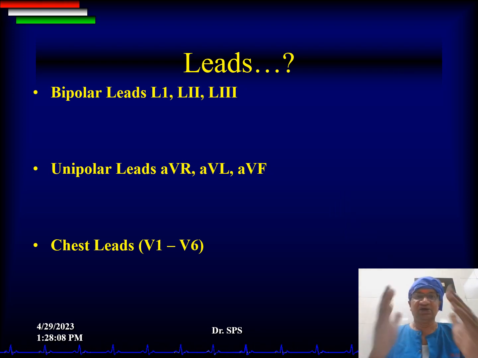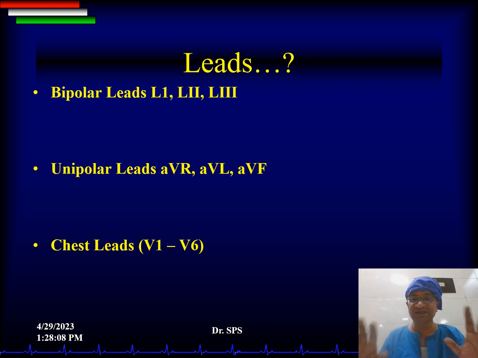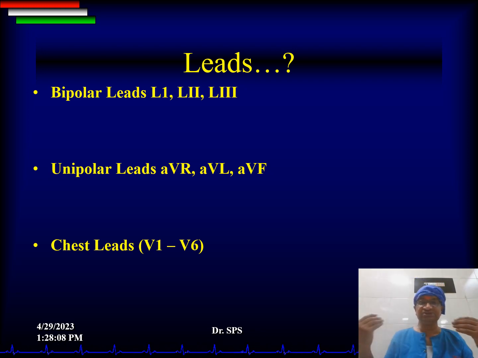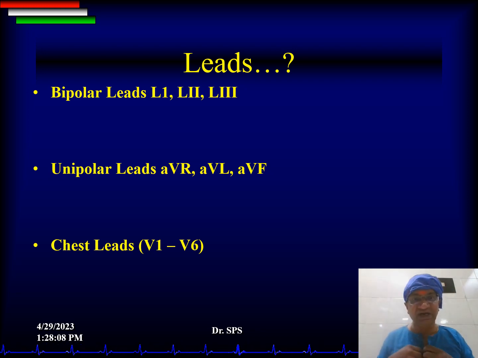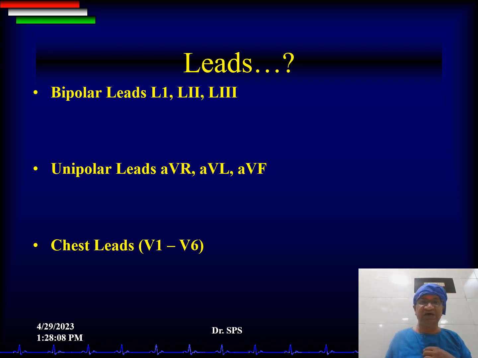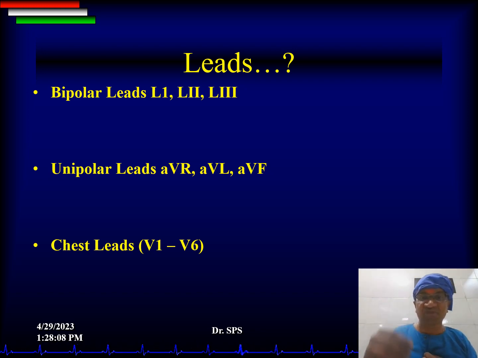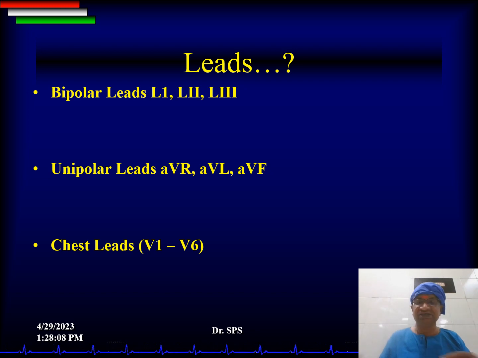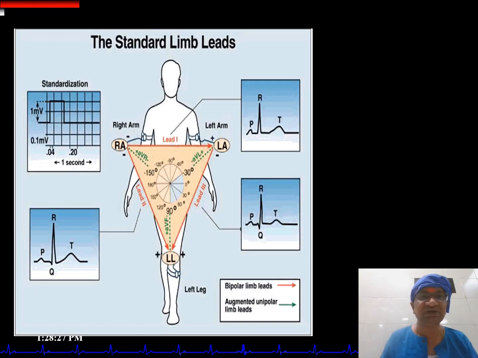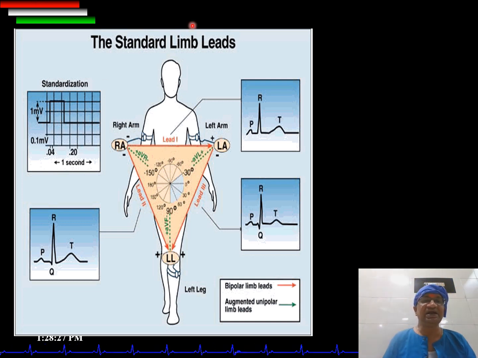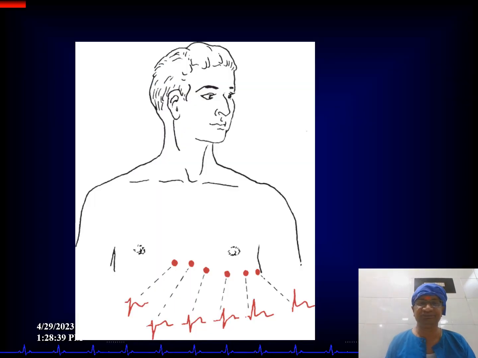What are the leads? We have lead 1, lead 2, lead 3. Those are bipolar leads. Lead 1 means right arm minus left arm. Unipolar means aVR, aVL, aVF, the augmented limb leads. Chest leads are V1, V2, V3, V4, V5, V6. These are the standard limb leads and augmented unipolar leads, right arm, left arm, left leg, and there are chest leads.